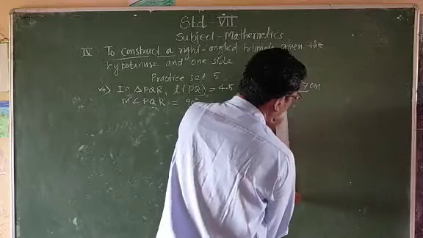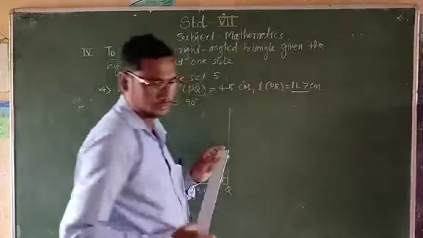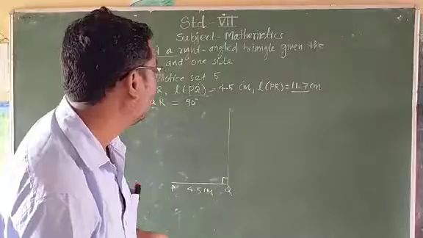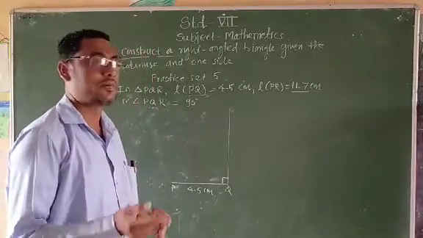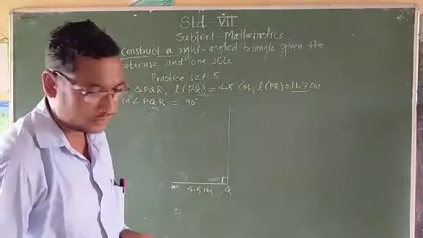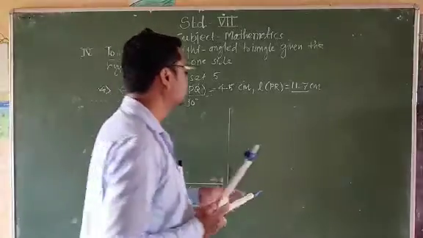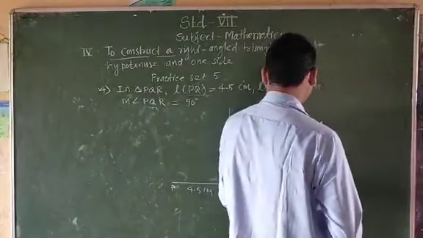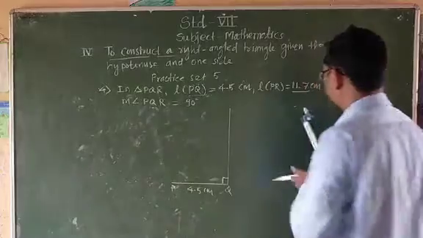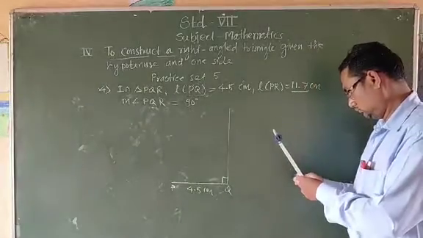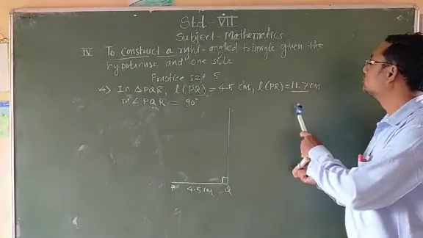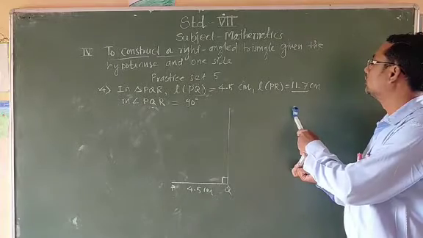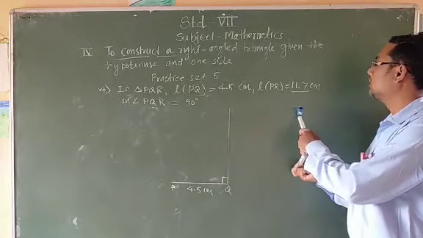Okay. After 5 means 11.5, 11.6 and 11.7. Okay. Then you have to take, so here, adjust this distance, that is 11.7.